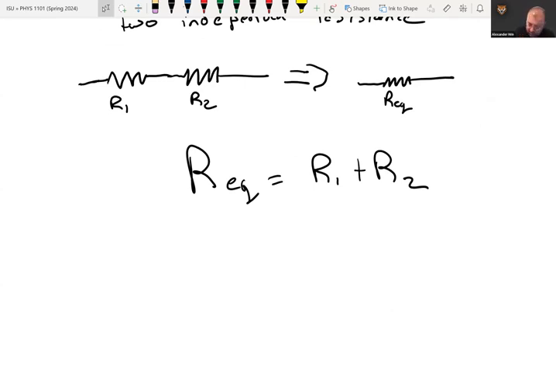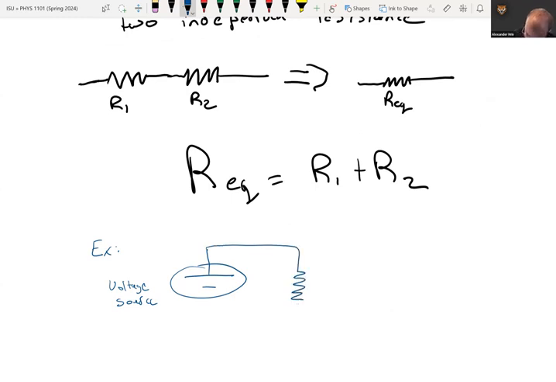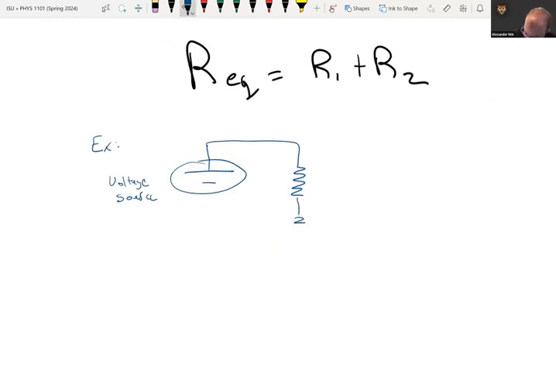For example, if you have something like this, where, by the way, this is a voltage source, and then R1 and R2. Without a voltmeter, you don't know what the voltage drop across R1 and R2 is.